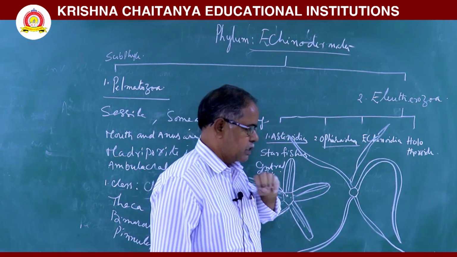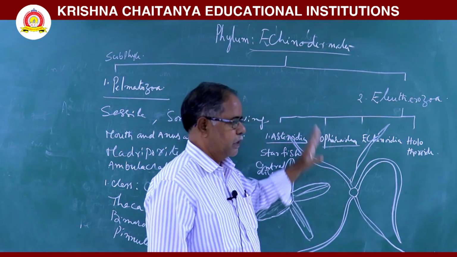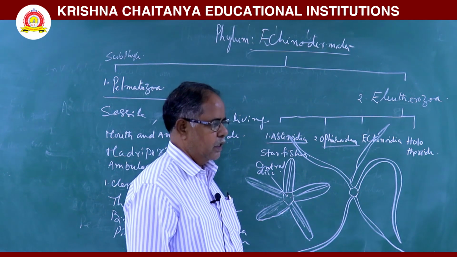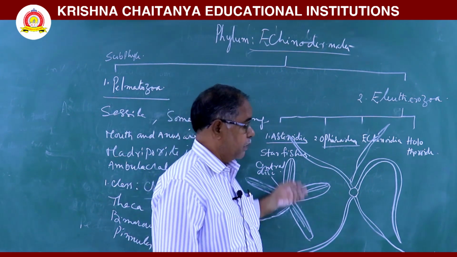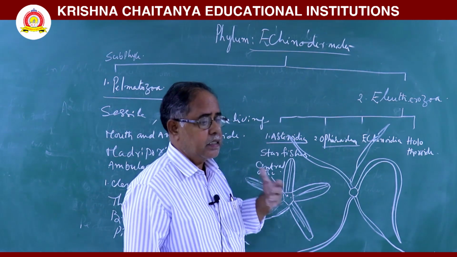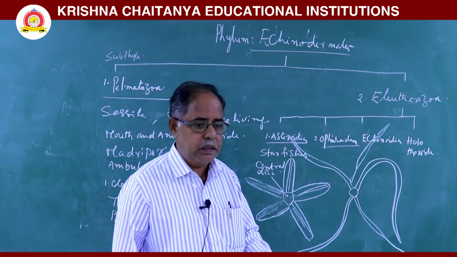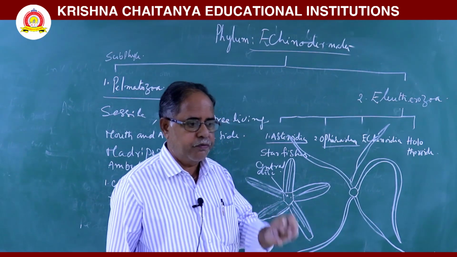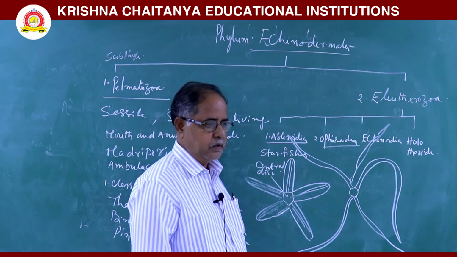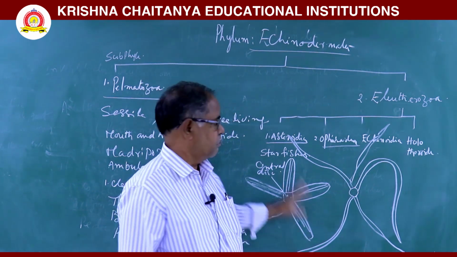Spines are absent. Pedicellariae are absent here. Madreporite is present on the oral side. Anus is absent. During developmental stages, one larva is seen, called the Ophiopluteus larva. Ophiothrix, Ophiocoma, these are examples.